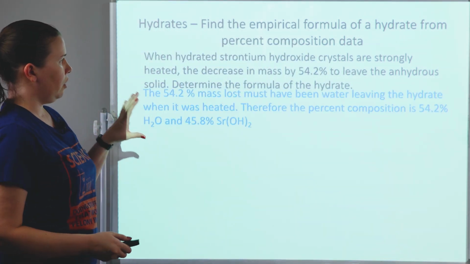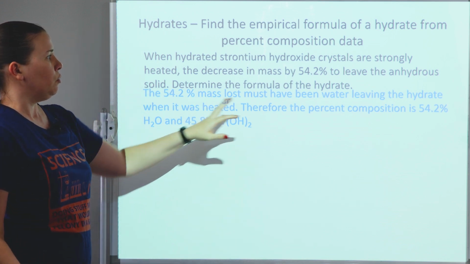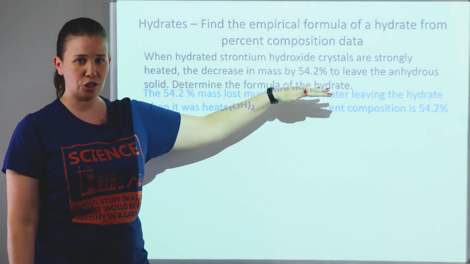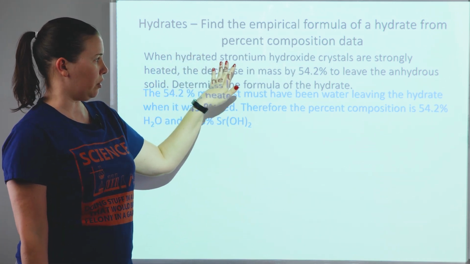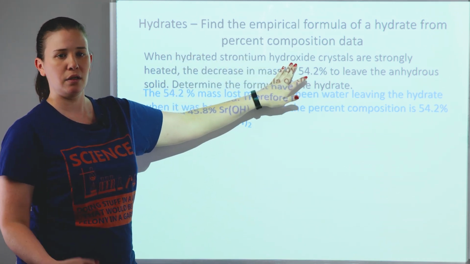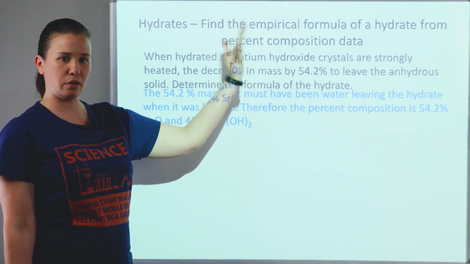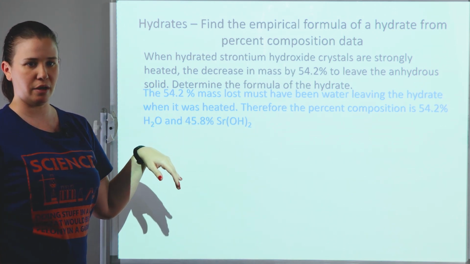So we had first to understand the percentages, which was a little bit of a complication on this one. When it says the mass is decreased by 54%, in a dehydration, that mass loss will always be water. So we're removing the hydrated part to get the strontium hydroxide alone. Then you can find the difference between the water and the 100% of the compound to get how much of the strontium hydroxide would be left.